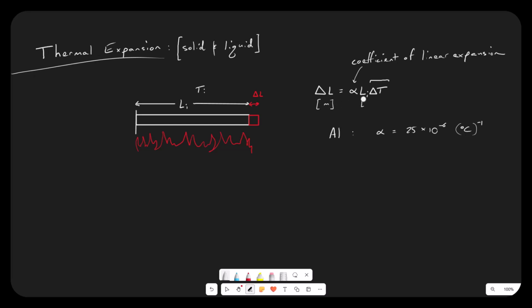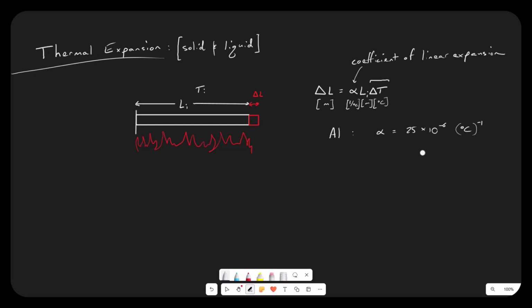We've got this initial length that's in meters, and a change in temperature that's in degrees Celsius or Kelvin. So this thing must have units of 1 over degrees Celsius, or 1 over Kelvin, if you like. So aluminum's got this 25 times 10 to the negative 6th inverse degrees Celsius.